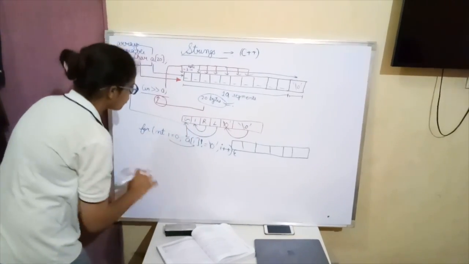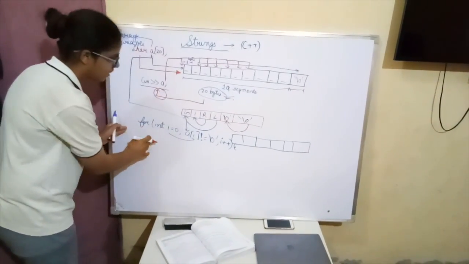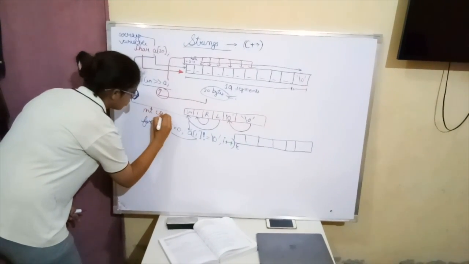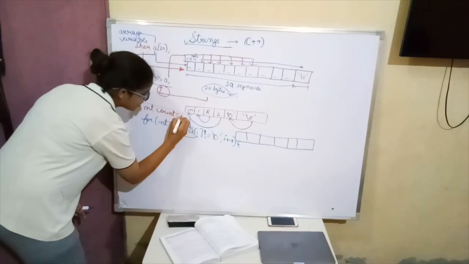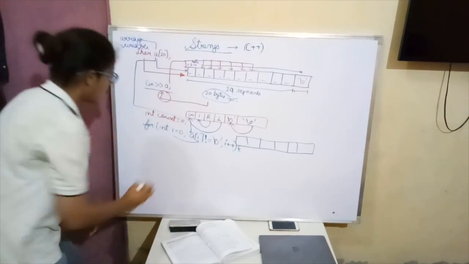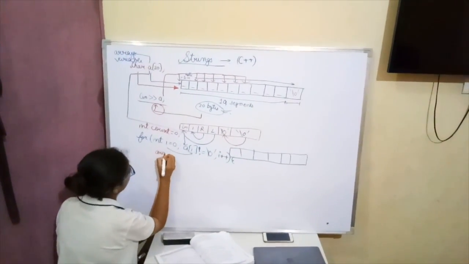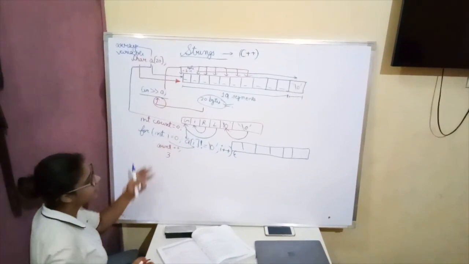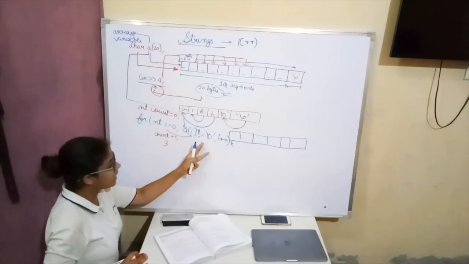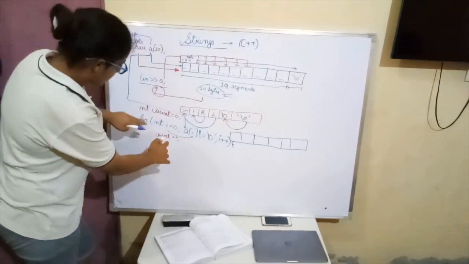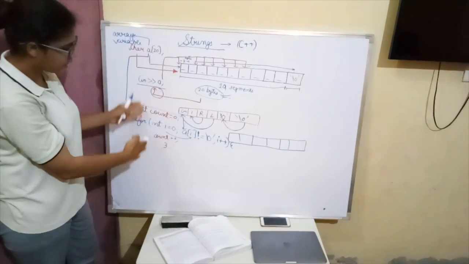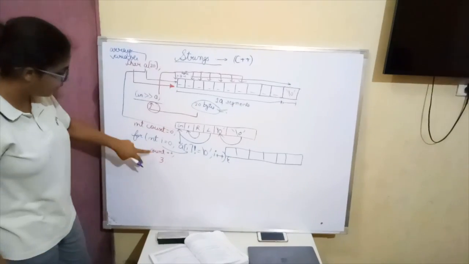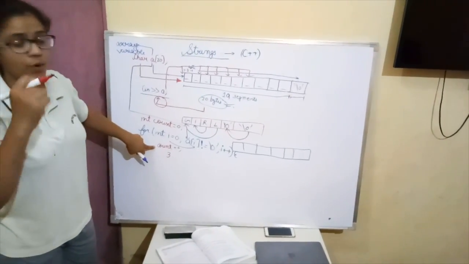We can specify another variable over here, an integer type count, pre-initialized to 0, and in this loop it goes count plus plus. So what exactly is happening? Until the null point is reached, the loop keeps repeating itself, and on each repetition the value of count is incremented by 1.